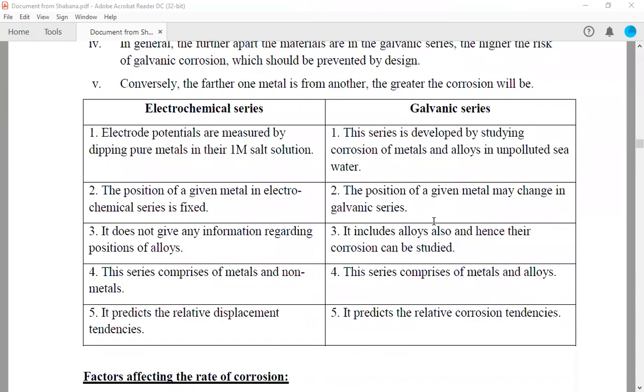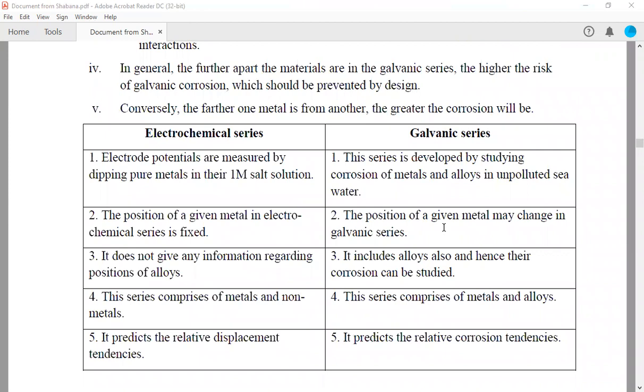Coming to the differences between the galvanic series and the electrochemical series. The electrochemical series is developed by dipping the pure metal in a salt solution of its own, of 1 molar concentration, without any oxide film on it.